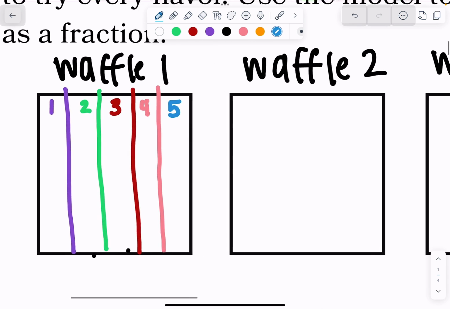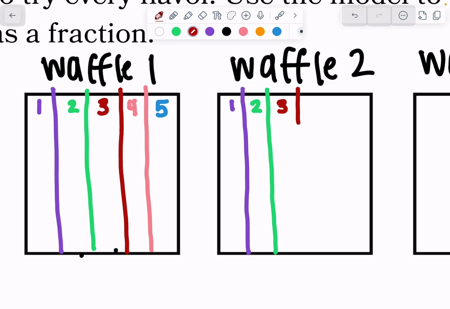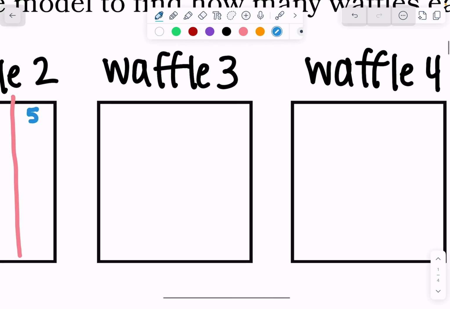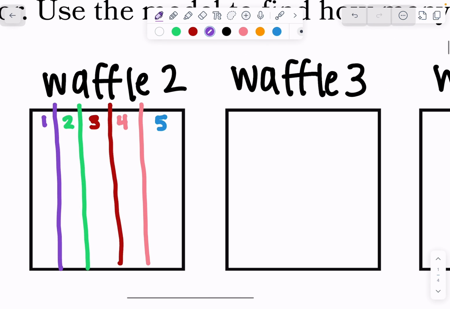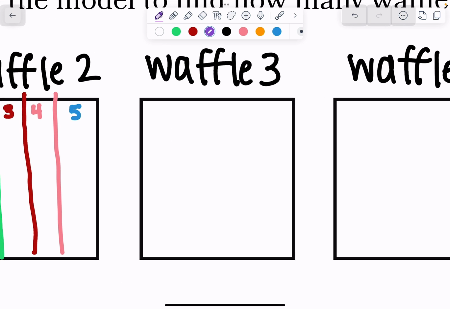Okay, same thing over here. Friend number 1, friend number 2, friend number 3, friend number 4, and then friend number 5. Okay, let's try this one. We're trying to share this singular waffle. We're trying to make sure each friend gets a taste of this flavor of waffle, because remember, every waffle is a different flavor.